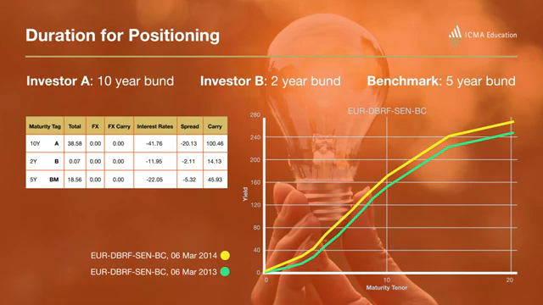When you add in the carry that you earn, 14 basis points on the 2-year for investor B, 46 basis points on the 5-year on the benchmark, and over 100 basis points on the 10-year for investor A, the total ends up working out that investor A outperforms the benchmark and investor B underperforms the benchmark, even in this rising yield environment. The key being that this is over a whole year, and you have to think about the carry that's being earned.